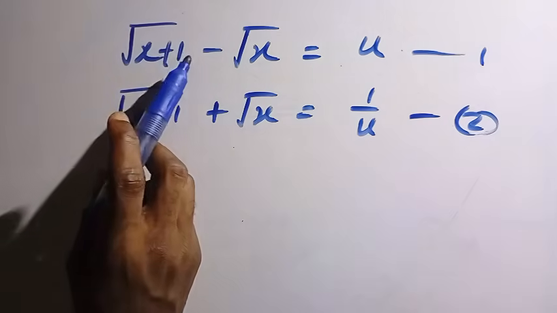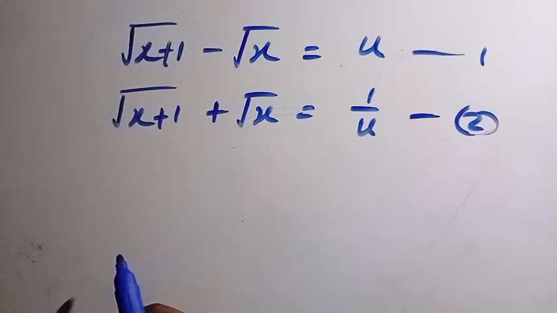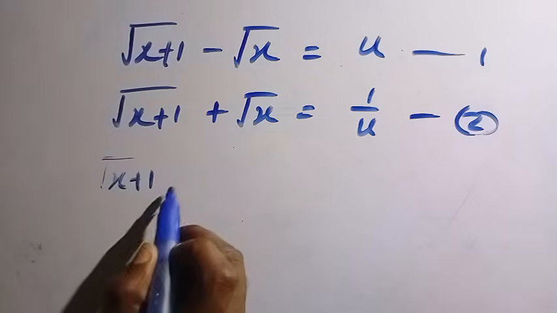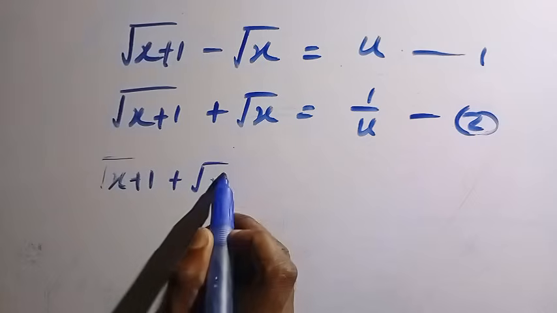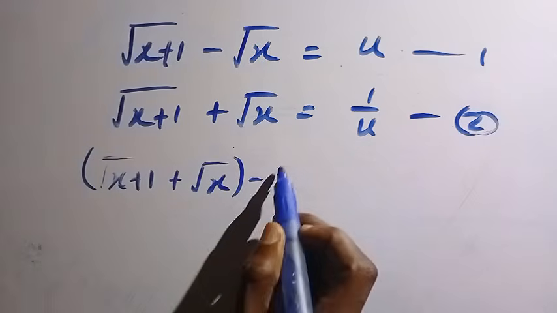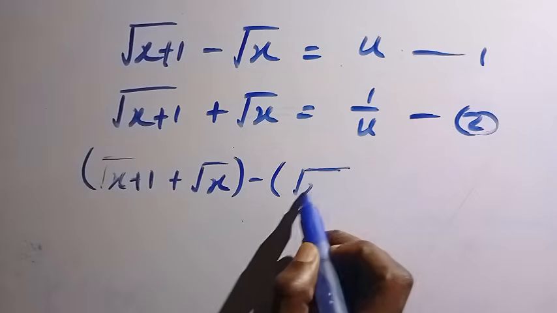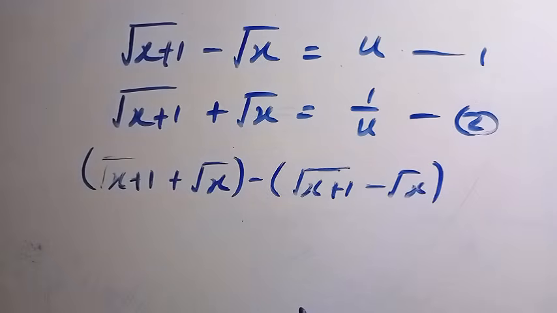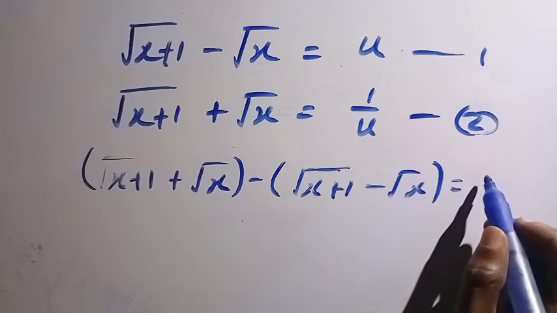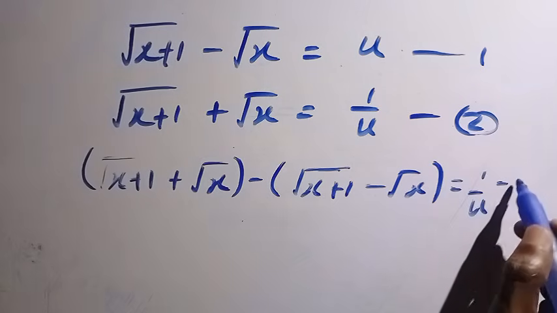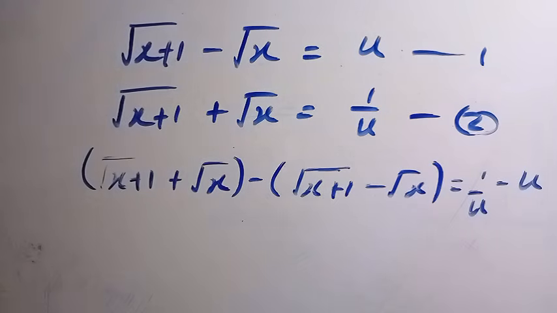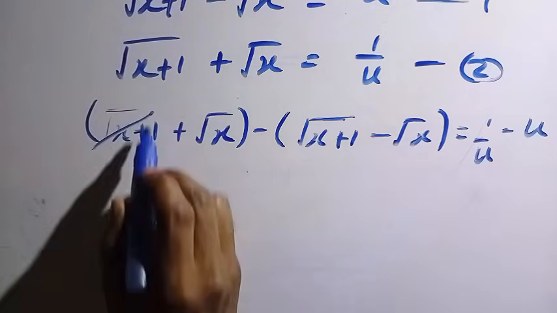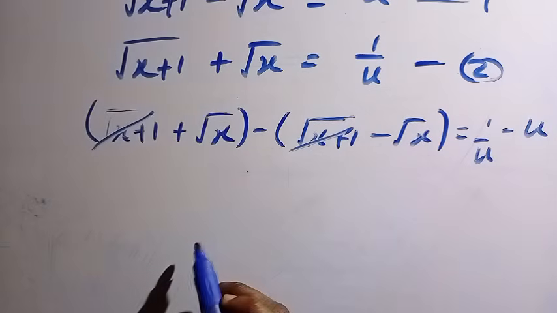If I subtract equation 1 from equation 2, we are going to have the square root of x plus 1 plus square root of x, then minus open bracket square root of x plus 1 minus square root of x, and this equals 1 divided by u minus u. By opening this parenthesis, square root of x plus 1 cancels square root of x plus 1.